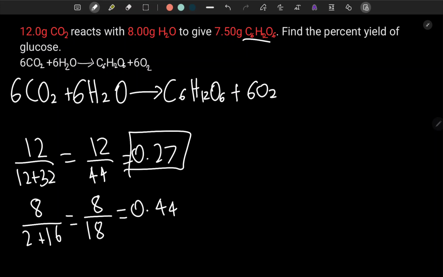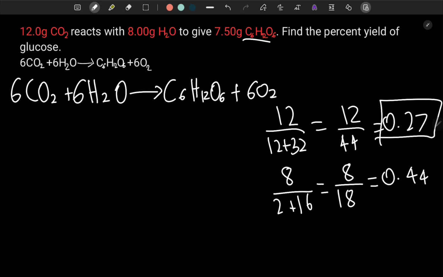So now we need to use CO2 for the reaction to calculate glucose, and we can use the cross multiply method, where we have 6 moles of CO2 and only 1 mole of C6H12O6, which is glucose.